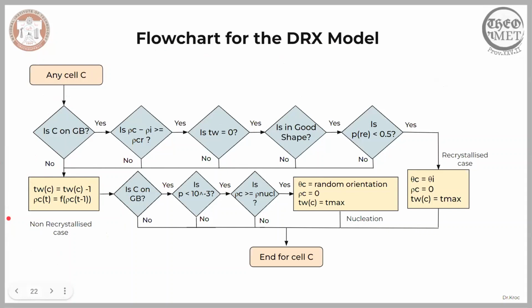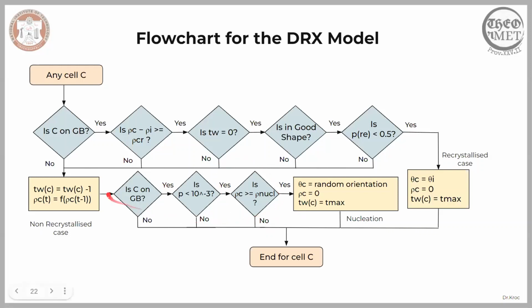Other than these two, we have a random nucleation happening at the grain boundary cell. As it is random, we associate a probability factor with it, and it is checked whether that cell has a dislocation density which is greater than or equal to a critical value for nucleation, which we will also mention in the input parameters.